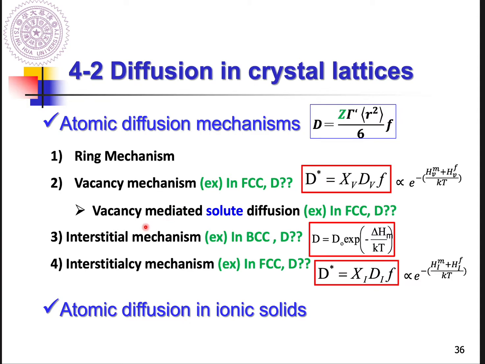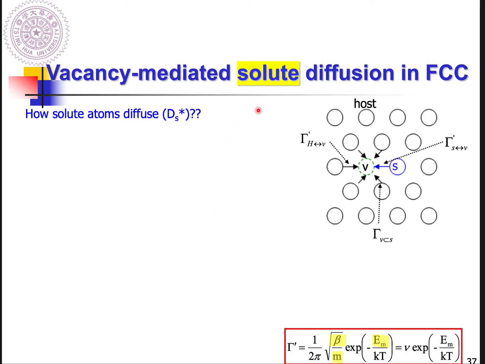This case we call vacancy mediated solute diffusion. That means the solute atom at a substitutional site diffuses by exchanging with or jumping into a vacancy site. Can you formulate the diffusivity for this diffusing solute atom? The following slide is going to show you how to get this diffusivity.